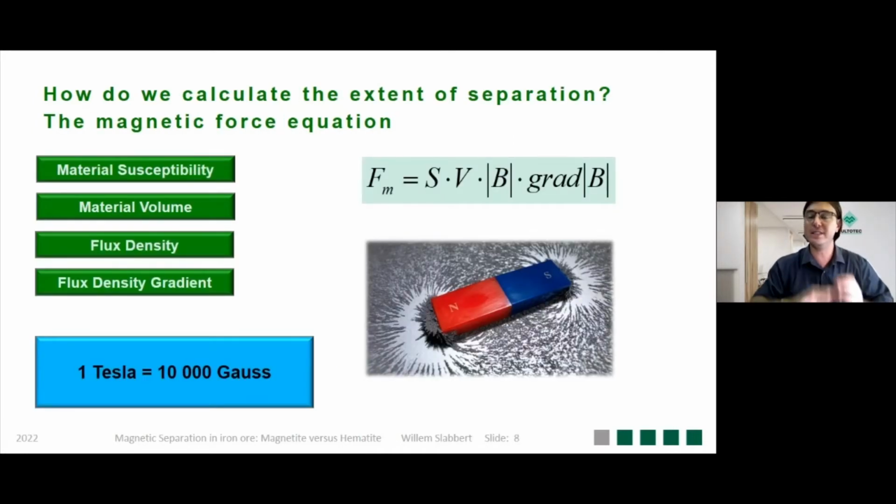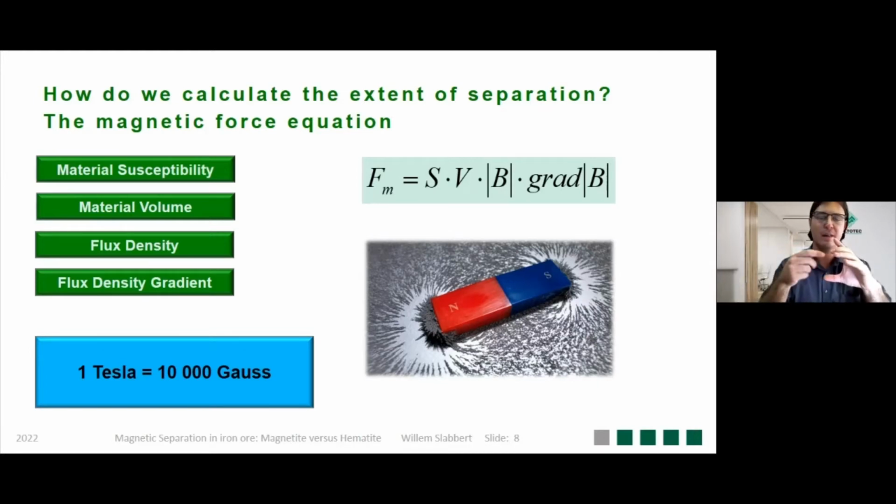In order to quantify that effect, we must look at the magnetic force equation that says the magnetic force experienced by a particle is equal to, first of all, the susceptibility of the material. Next up is the volume of that particle, because the volume of the particle denotes the number of flux lines from our magnetic field that would penetrate the particle.